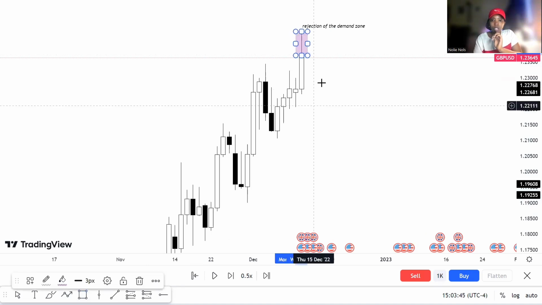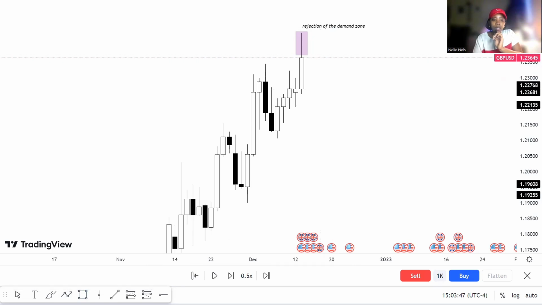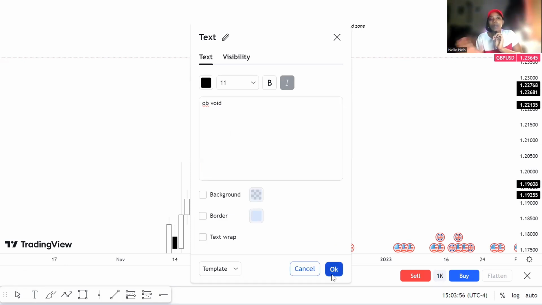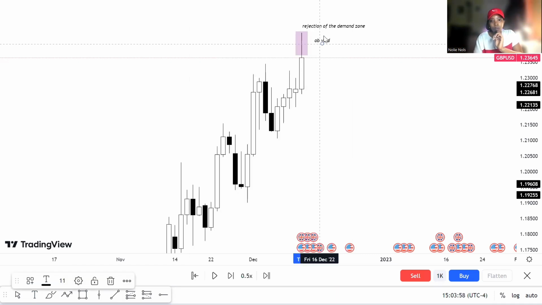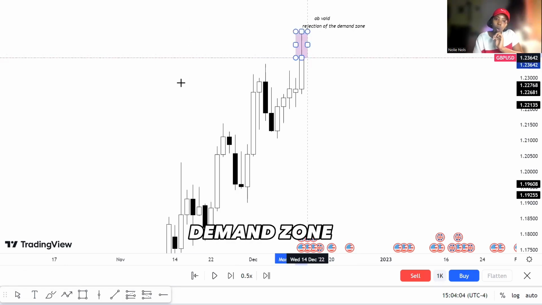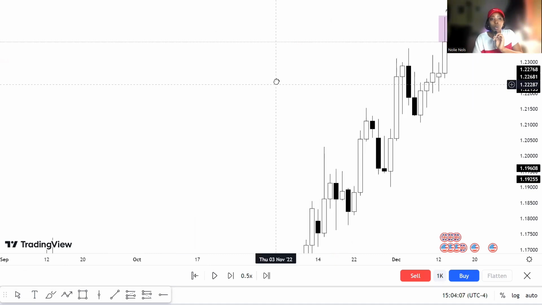That candle is a rejection, which is the order block void. That is the simplest way I can explain it. Order block void, it is a rejection candle from a demand zone, or from an old demand zone.